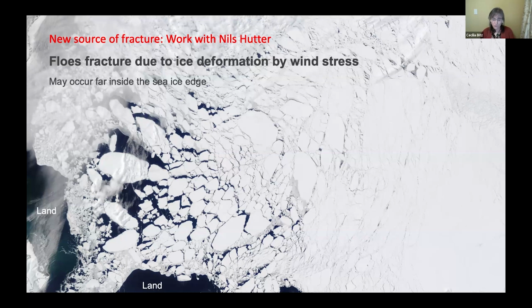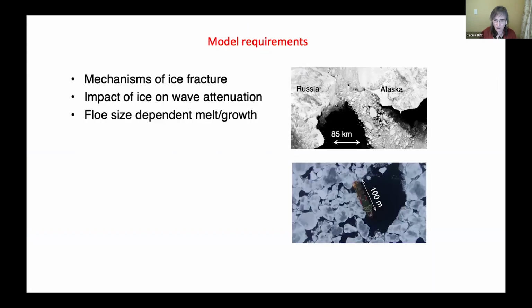So divergence and stress in the ice velocity field can give rise to fracturing, and you can see an indication of it here further into the ice edge. It's just really for motivation to see a picture like this. So I'll get to this when I start presenting results today.